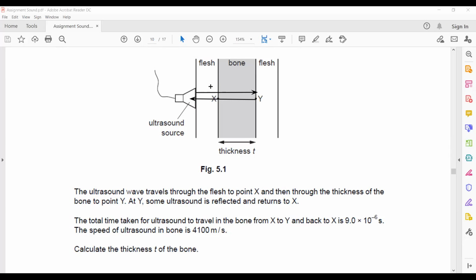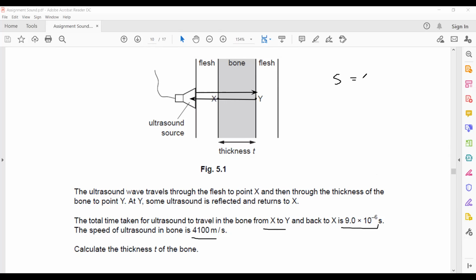The total time taken by the sound to travel in the bone from X to Y is 9 times 10 to the power minus 6 second, meaning 9 microseconds. The speed of sound in the bone is 4100. Calculate the thickness.